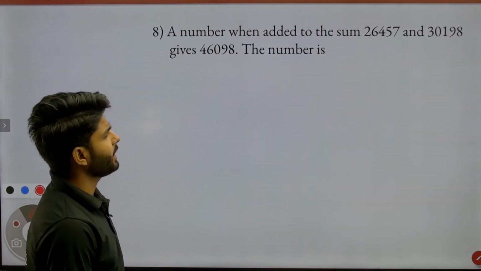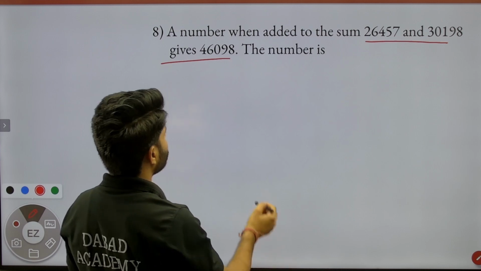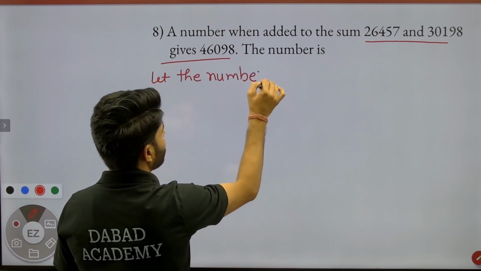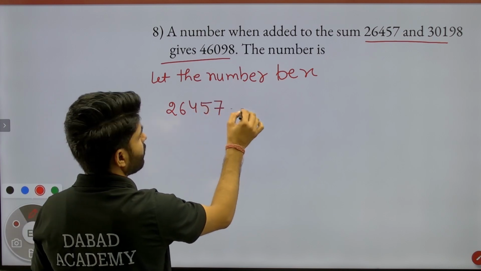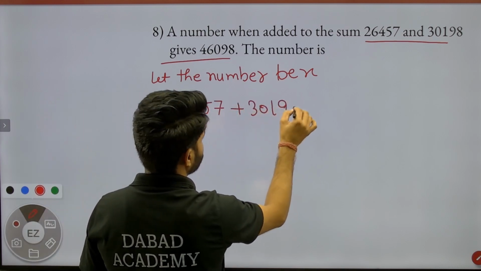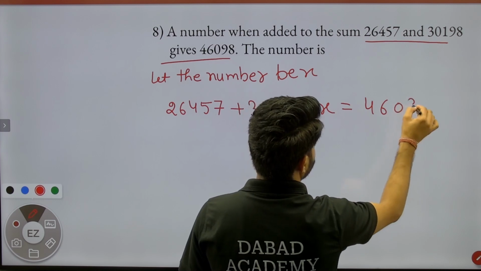A number, when added to the sum of these two numbers, makes this number. Let's suppose the number is x. So when we add 2, 6, 4, 5, 7 plus 3, 0, 1, 9, 8 plus x, that will equals to 36,098.